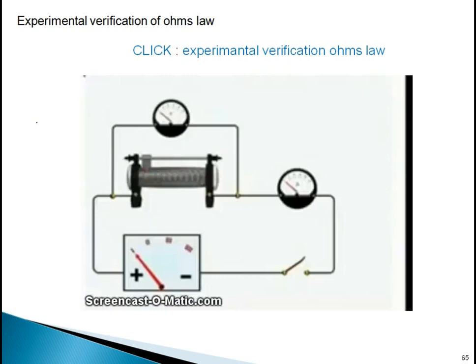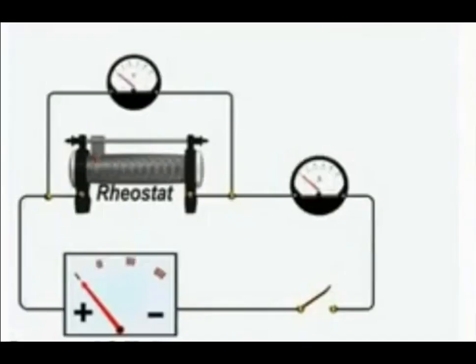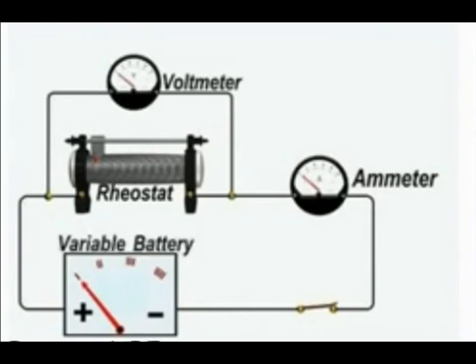Now I will show you how we will experimentally verify Ohm's law. This is the experimental setup. Here we have the rheostat, ammeter, voltmeter and supply. As you plug the key and change the battery voltage, you will see V1 and I1 at a particular resistance R1.